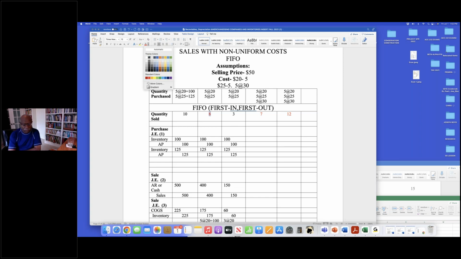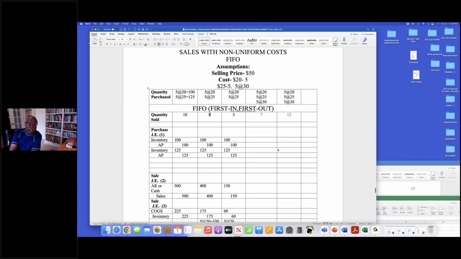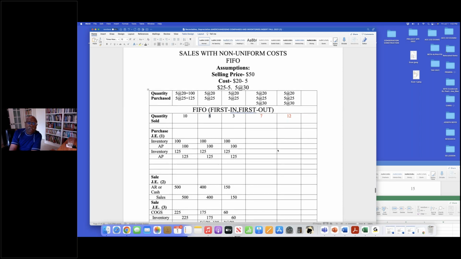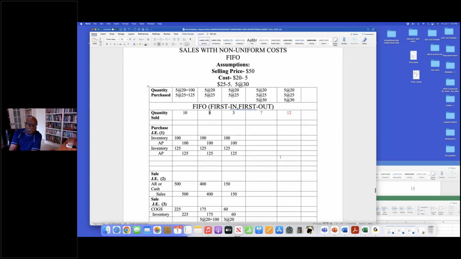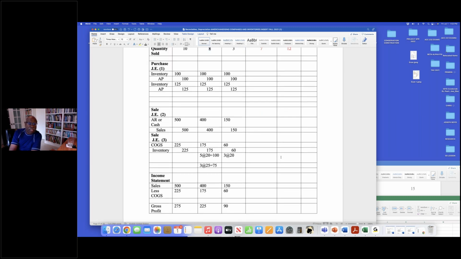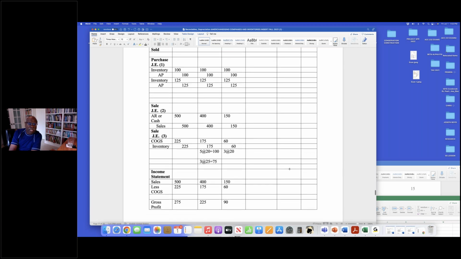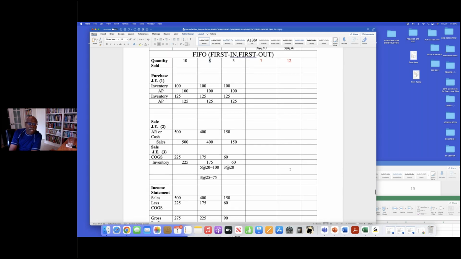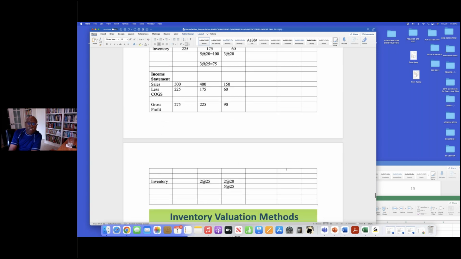Can we handle that? Good. Using the same format, first in, first out, tell me what the gross profit is, and then tell me what you have left in inventory. Any questions on what I want you to do?